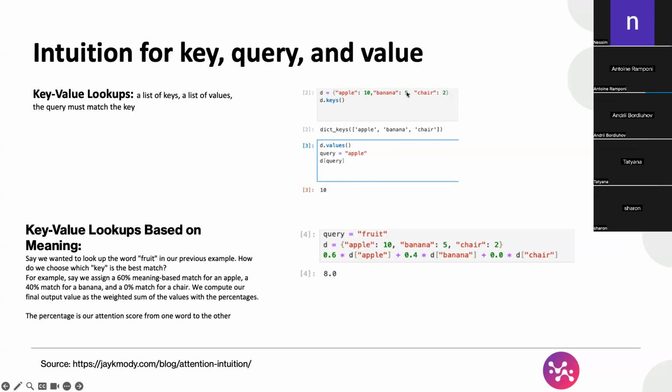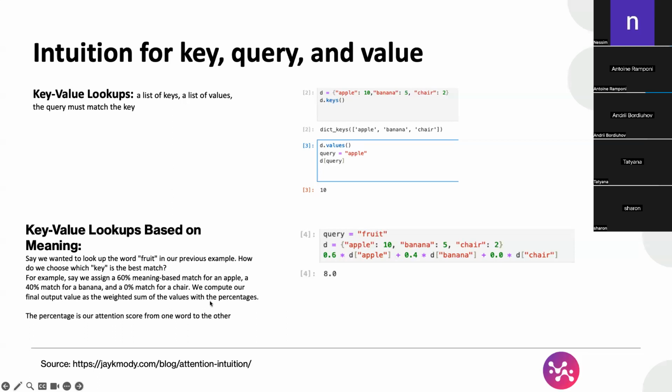Then for banana, you get 5, and then for chair, you get 2. Now, if you want to get the value of apple, then obviously it will give you 10. But based on this dictionary, if you do a query about fruit, it will not find the value for fruit because fruit is not part of the dictionary.